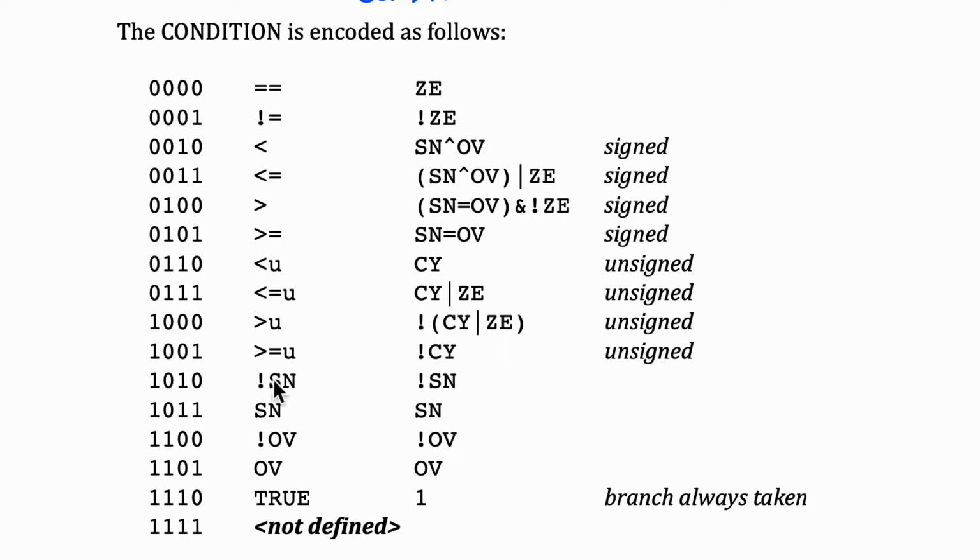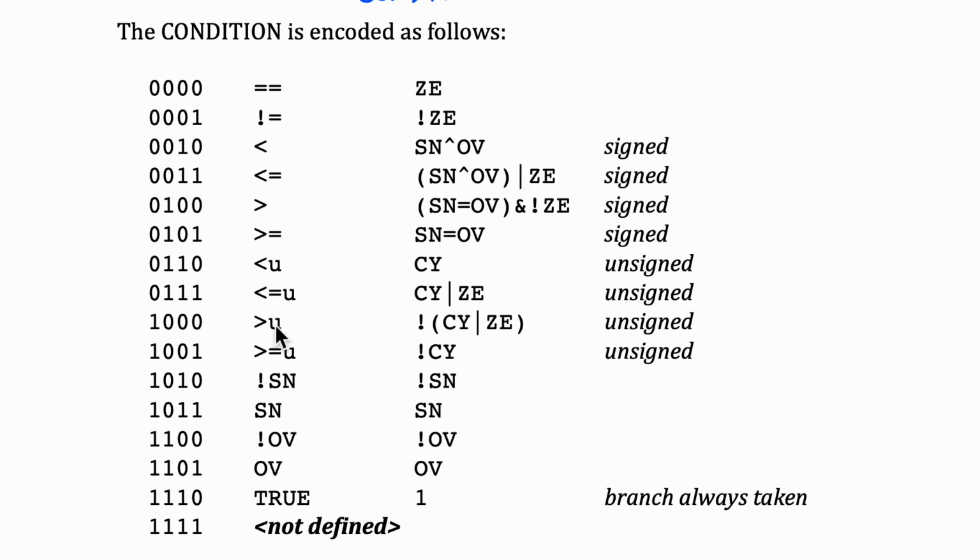Then let's look at the unsigned tests. So we can compare less than or equal, greater than or equal. And by the way, the assembly code uses tokens that look exactly like this to indicate that this is an unsigned comparison. It turns out that you can determine whether 2 numbers are less than by looking at the carry flag alone. And less than or equal is just the carry flag or the 0 flag.